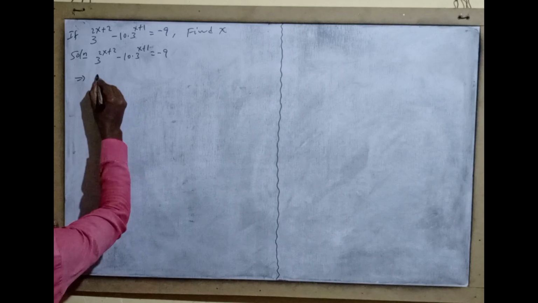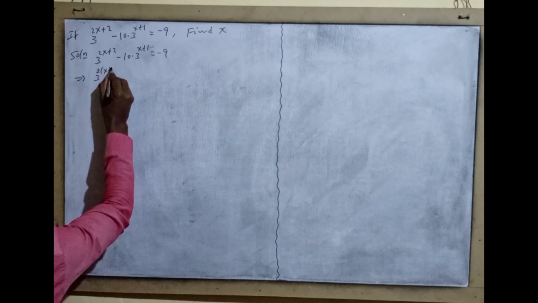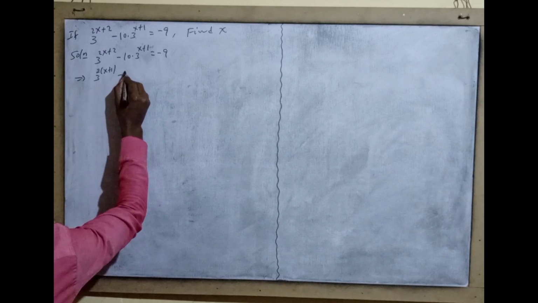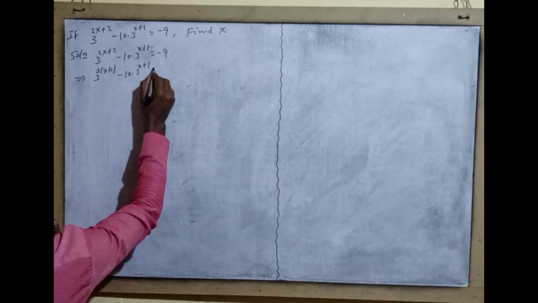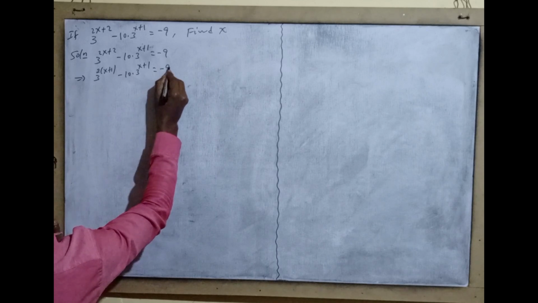This implies 3^(2(x+1)) - 10 × 3^(x+1) = -9.